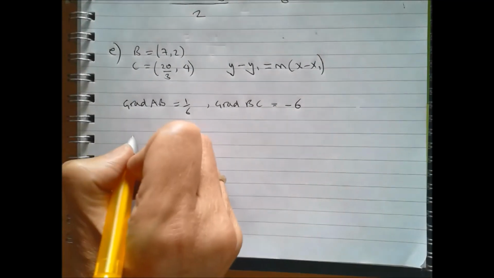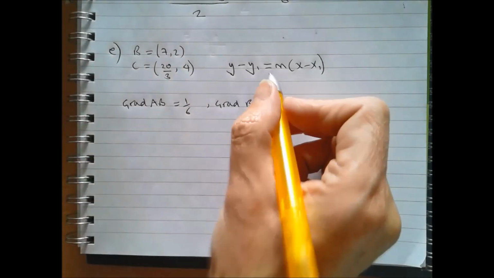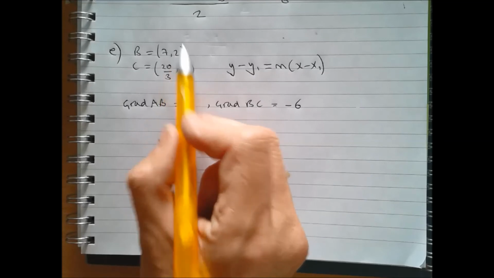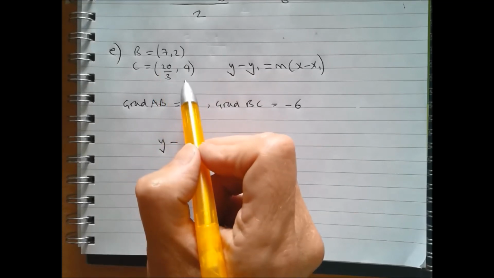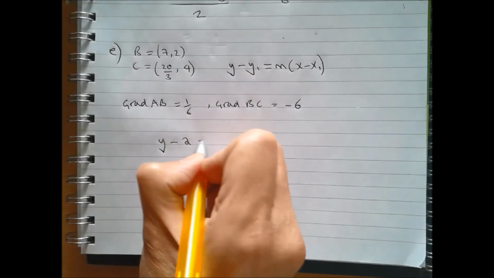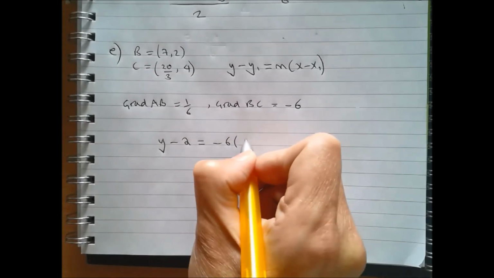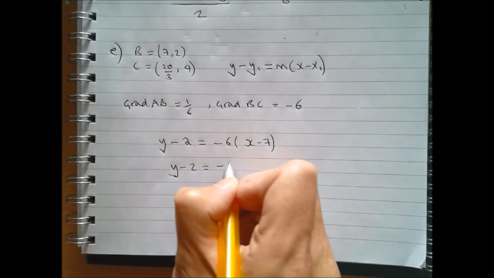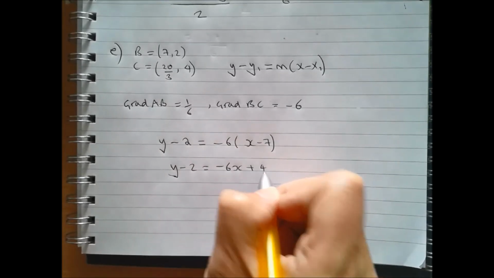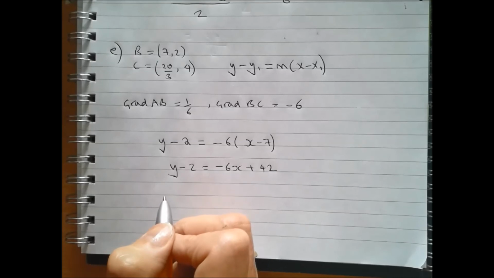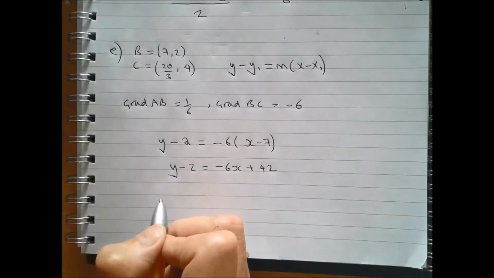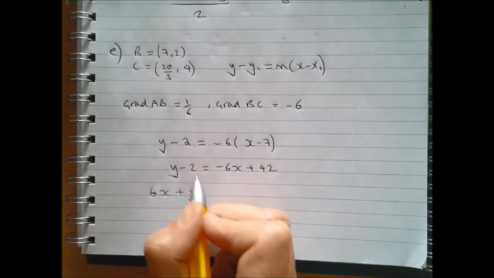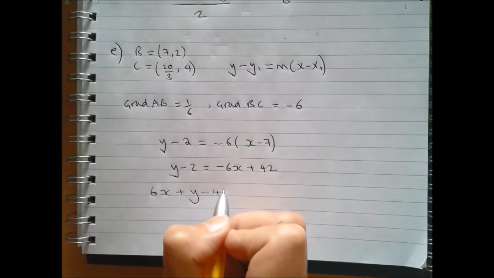So I've now got all the information I want. I'm going to sub it into this equation here. So I've got y minus the y coordinate. I'm going to use B, the reason being it's far easier to use B than it is C. So y minus 2 equals minus 6, x minus 7. Tidy up, expand, and rearrange. I want it in the form where everything is on one side equal to 0. So I've got 6x plus y minus 44 equals 0.